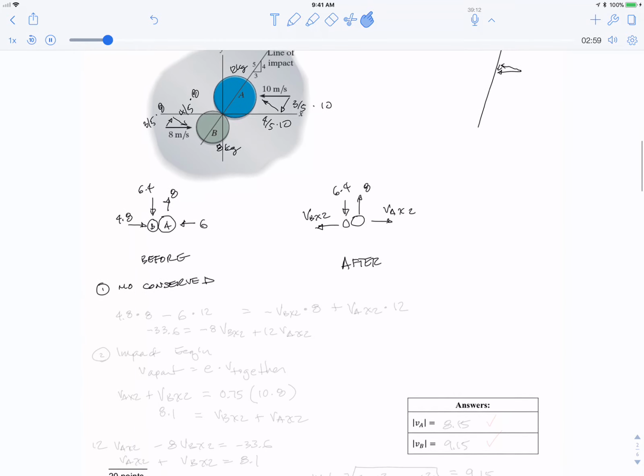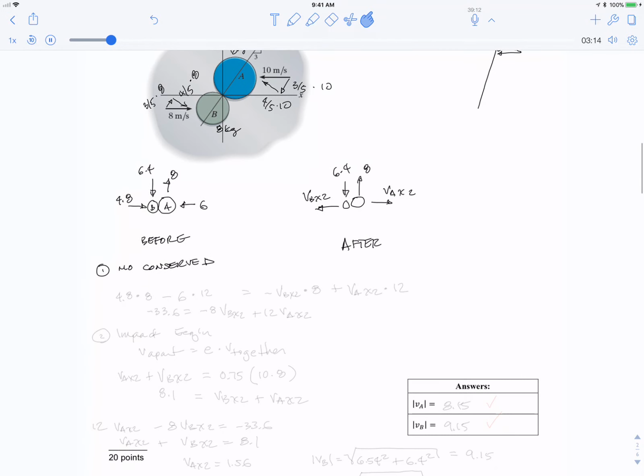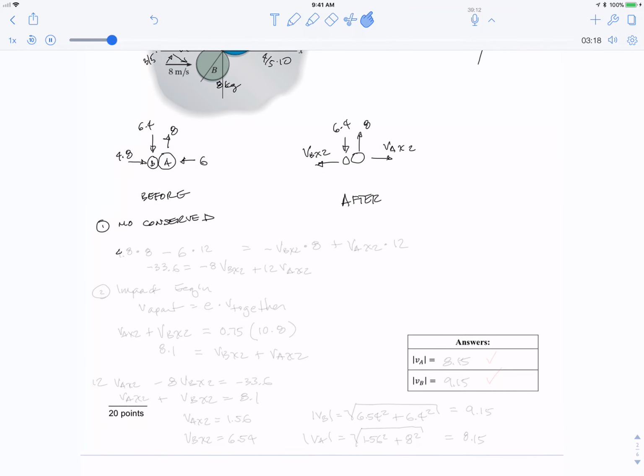Let's do the momentum before. We'll say to the right is positive. B has a velocity of 4.8 meters per second, and its mass was 8, minus. A has a velocity of 6 meters per second along the impact line, and its mass was 12.